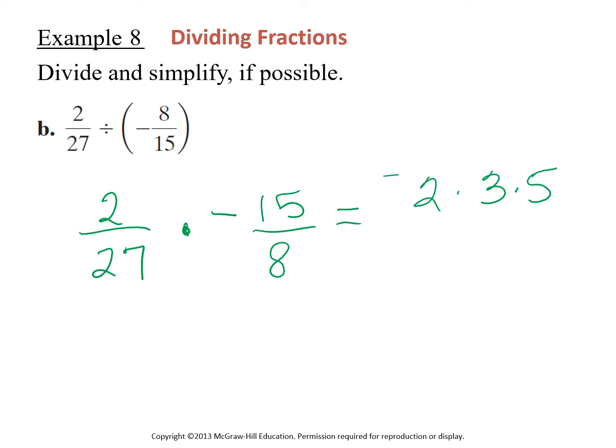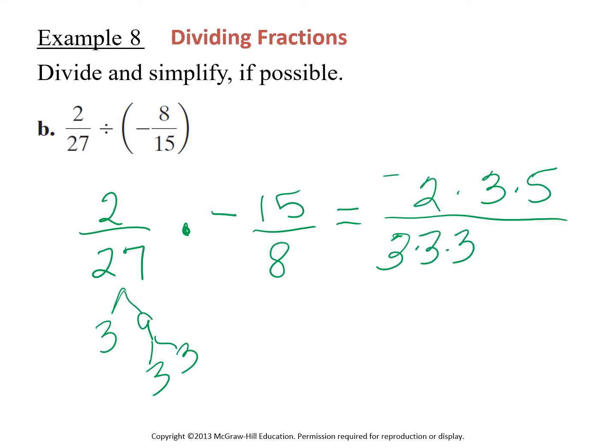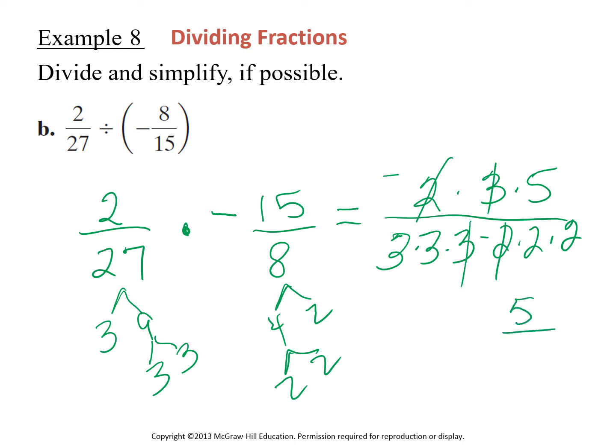And I'm writing the prime factorization, and I'm doing this because it makes the reducing a little bit easier. And 8 is going to be 2 times 2 times 2. And then I'll divide out common factors. And so I'm left with 5 in the numerator, and 9 times 4 is 36, and I have a negative.